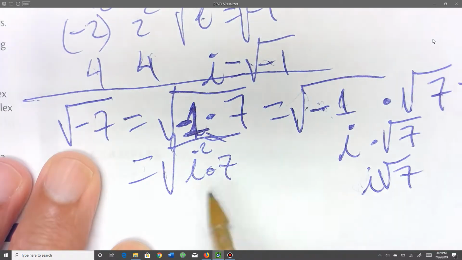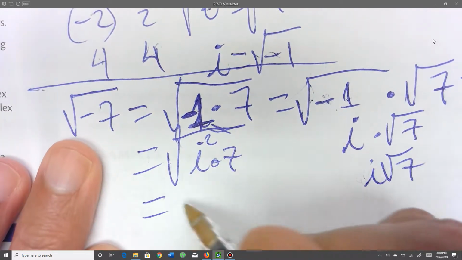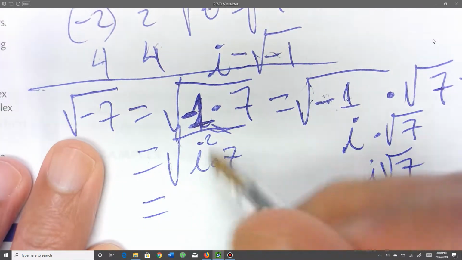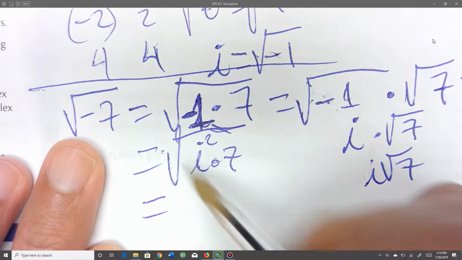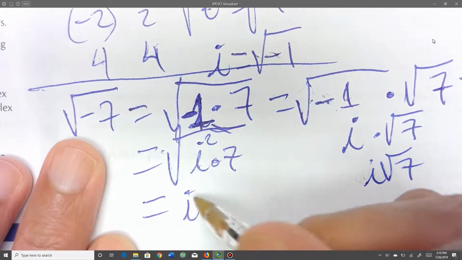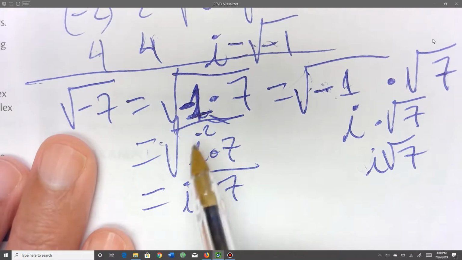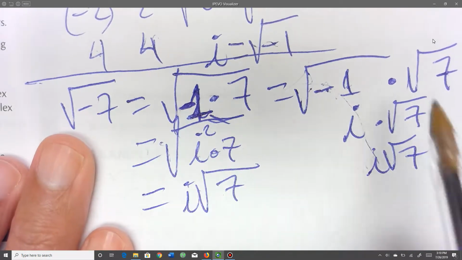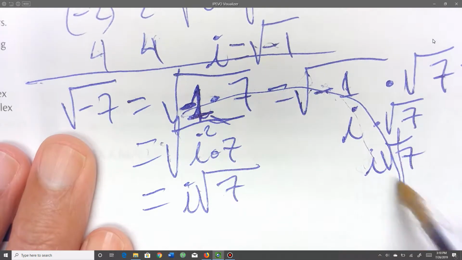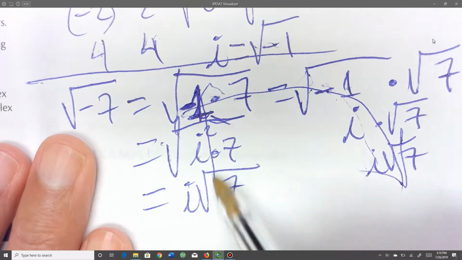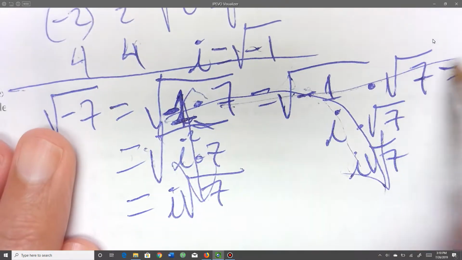See? Now I can factor this I out. I mean, I can get the square root of that and move it outside. So this way led me to this, and this way led me to this.